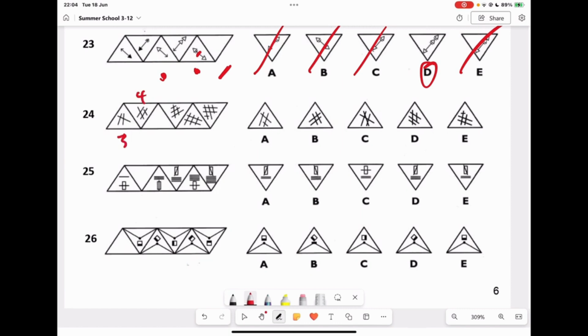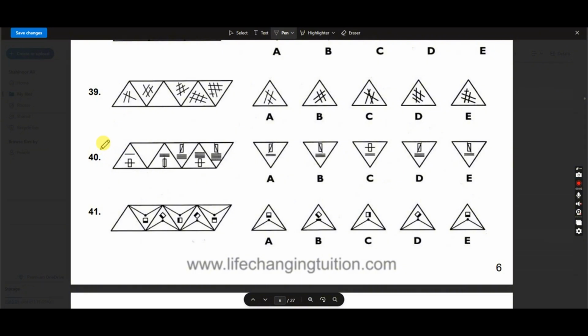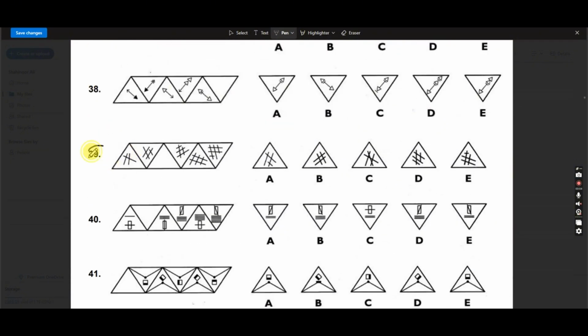And then there's 5 here, 5 here, 6 here. Okay, interesting pattern. What we could assume here, because it's going 3, 4, and then 5, 5, and then 6, is that we would have 4 lines. So it would have been question 24, but is question 39 in your booklet.